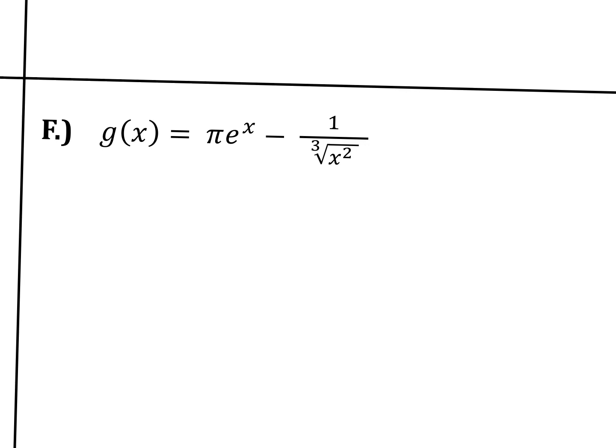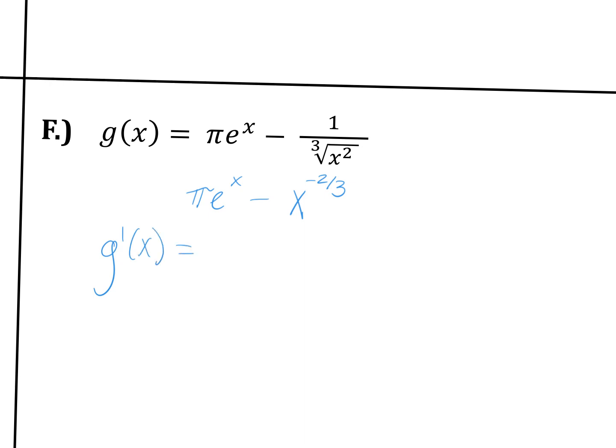All right, one more. So let's rewrite our second part here. We'll leave pi e to the x alone, minus 1 over x to the 2/3. Well, let's just make that x to the -2/3. Okay, so finding g prime.